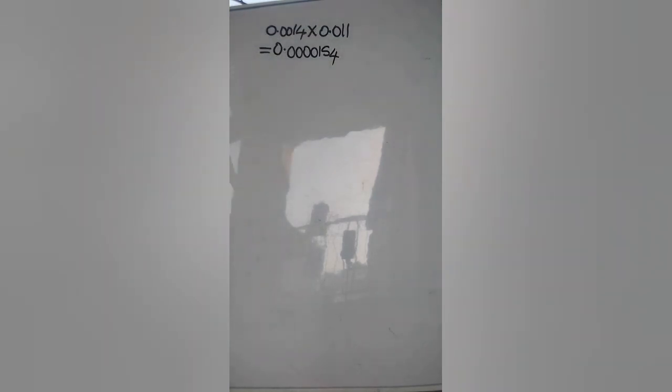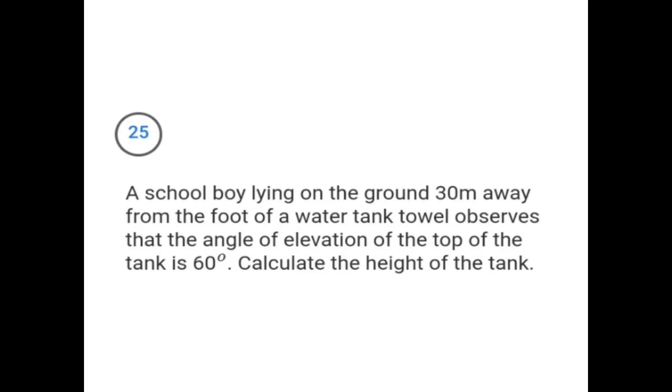This is our answer, but we are asked to represent it in standard form. So we do that: 1.54 times 10 raised to power. We now check 10 raised to power what it will be. 1, 2, 3, 4, 5. So 10 raised to power minus 5. This is our answer.